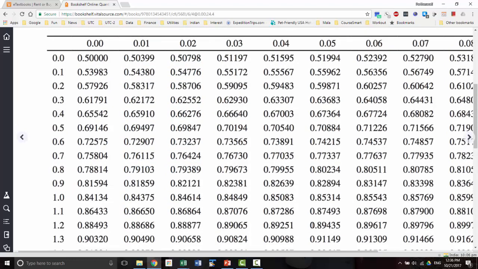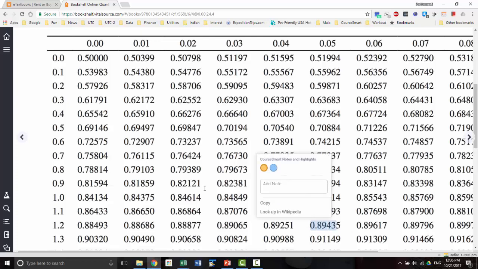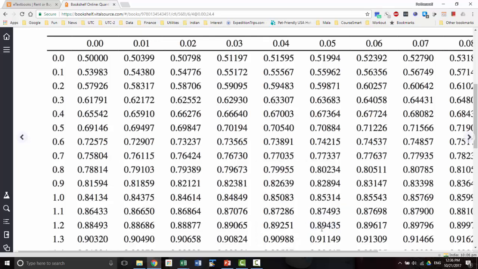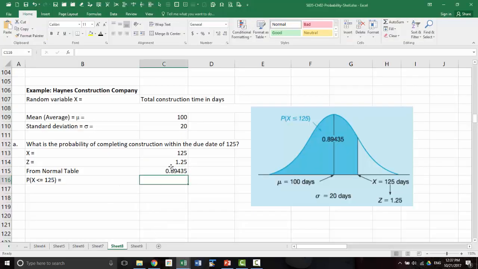So you get 1.25 is this. This is our cumulative probability starting from minus infinity all the way up to this particular Z value, 1.25. So 0.89435. So that is the probability.